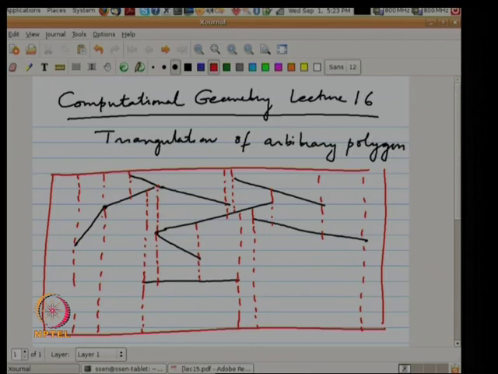In this figure, where you have extended all the vertical lines, what does it remind you of? Right, exactly. If you look at a portion like this, this lightly shaded thing, it is bounded by two parallel lines on the two vertical sides, and it has a top edge and a bottom edge.